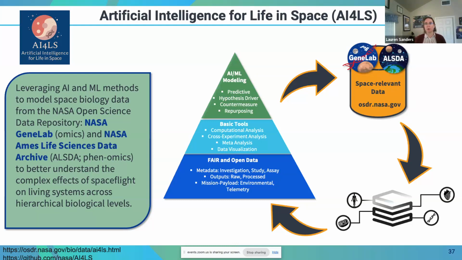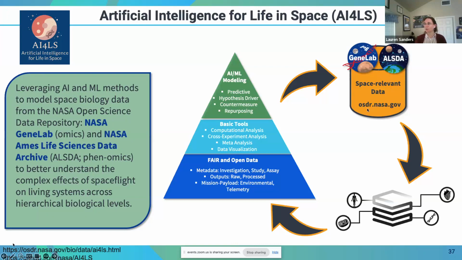to create models using the open space biology data from OSDR, so from GeneLab and from ALSDA, and using these models to better understand the complex effects of spaceflight on living systems, but specifically across hierarchical biological levels. So pulling in and combining different types of data that help us paint that picture, not just on the molecular level, not just on the phenotypic level, but really pulling everything together to make a comprehensive model.